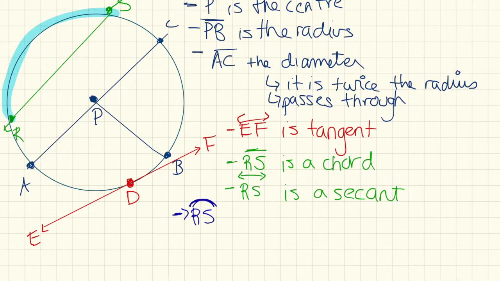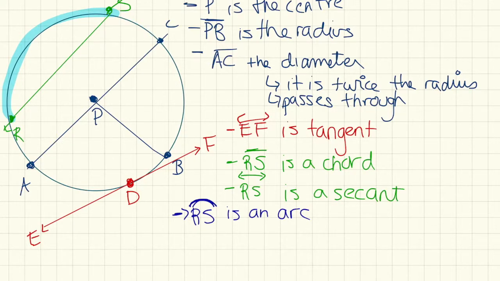You'll see there's a difference between RS with a line over it and RS with this curve over it. It's very different. This here, RS, is an arc. And we actually have several arcs. We have an arc here, here, here, and here. Those are all arcs.